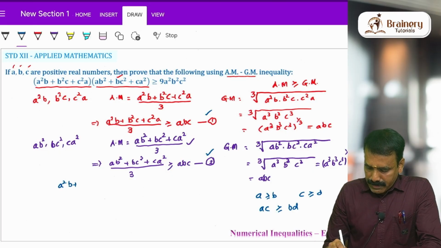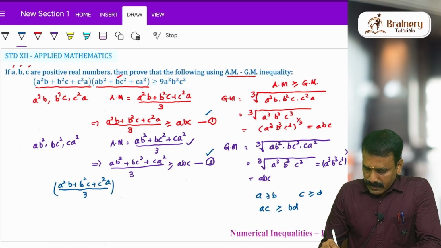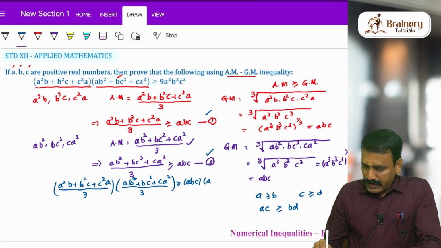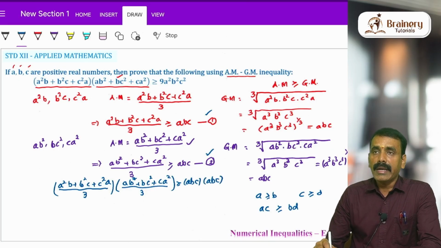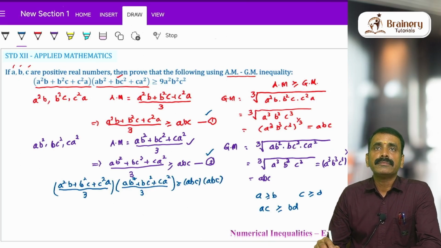A square B plus B square C plus C square A divided by 3 multiplied with AB square plus BC square plus CA square by 3 greater than or equal to ABC multiplied with ABC. Okay, right hand side we are having ABC and ABC.